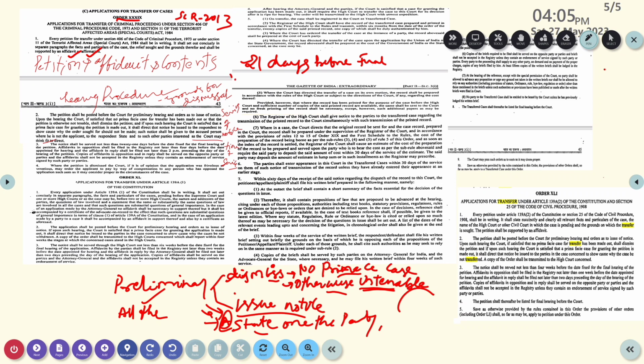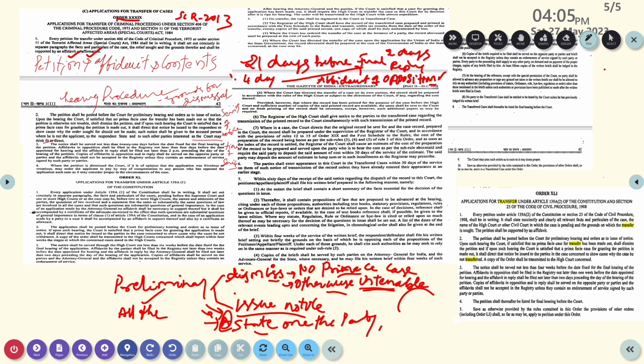After receiving it, 4 days before the final hearing of the petition, the affidavit of opposition, that is the counter, can be filed by the respondent. Then the reply can be filed by the petitioner.